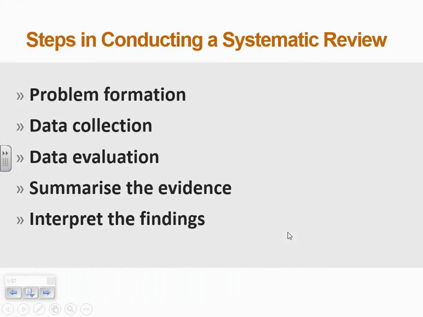And like I mentioned earlier, before your problem formation step, you're going to first find other systematic reviews on the same topic. Go through those, see what they did, and that will assist you in finishing your problem formation step.